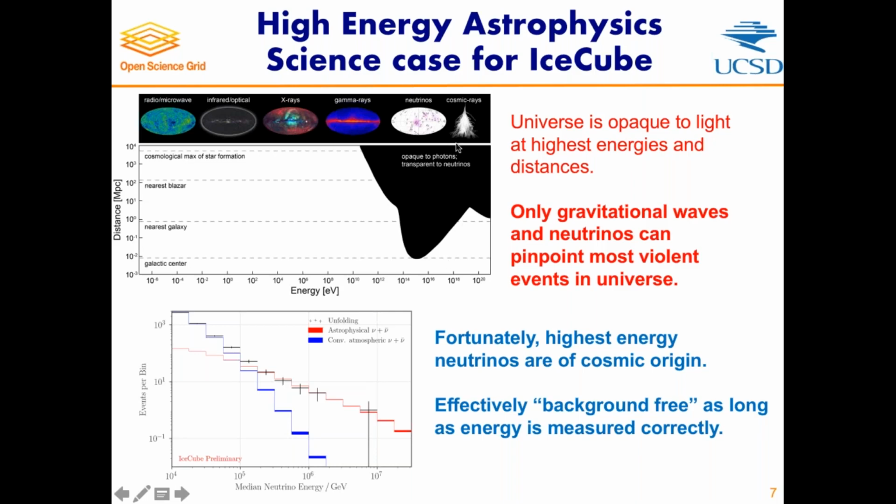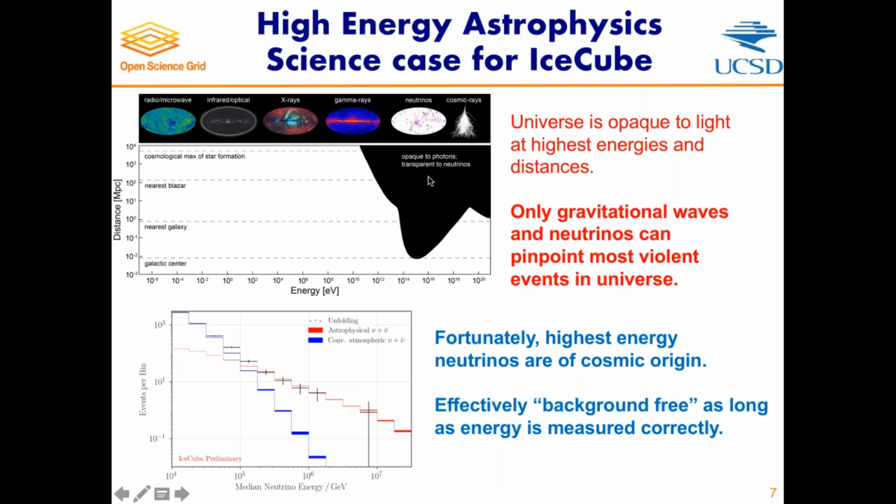And what you see here is this black piece. This is the area where the universe is opaque to photons. In other words, if you have, say, a source 10 to the 2 megaparsecs away that throws 10 to the 16 eV photons, meaning something around here, towards us, then they will not reach us.